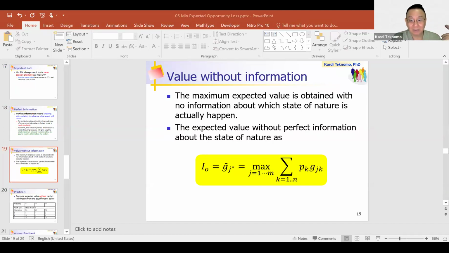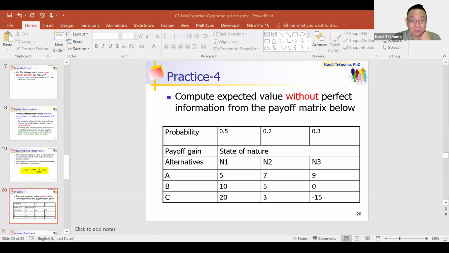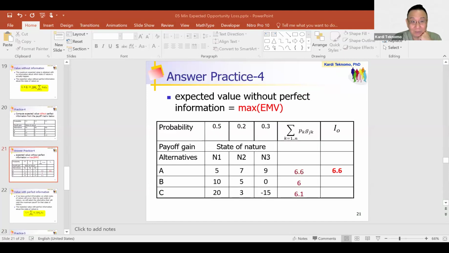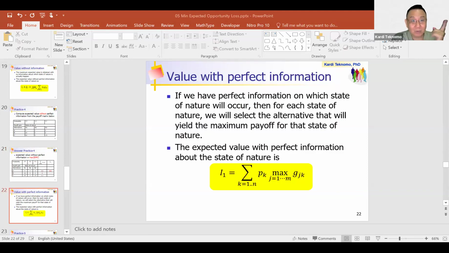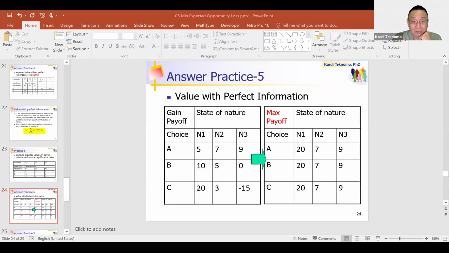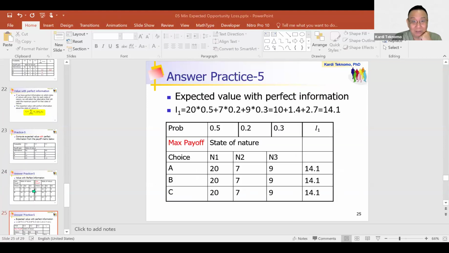This is the value without information, and then you compute the value with perfect information, which is exactly like the maximum EMV, isn't it? Interestingly, if you compute the value with perfect information, that is exactly regret.